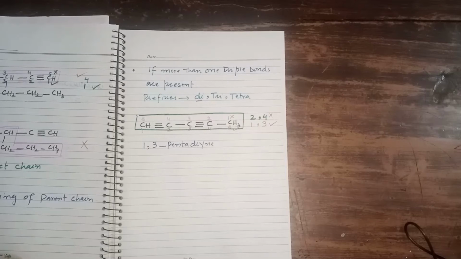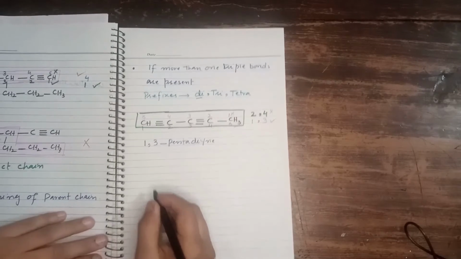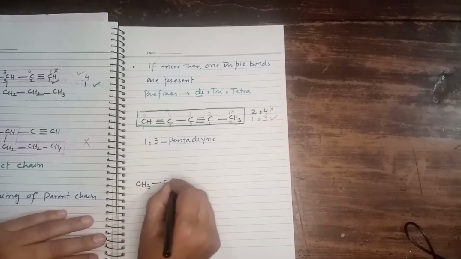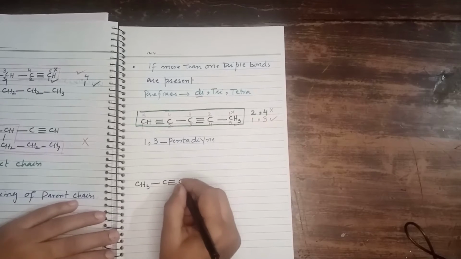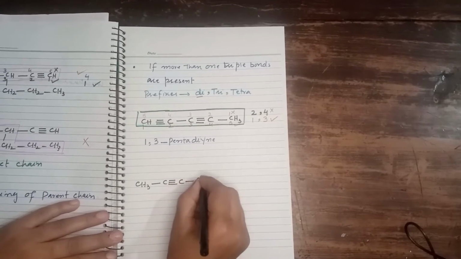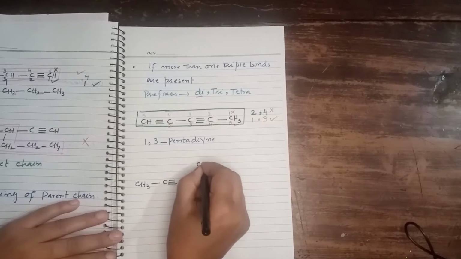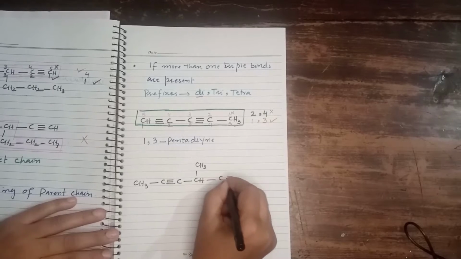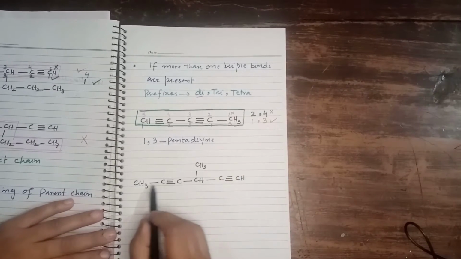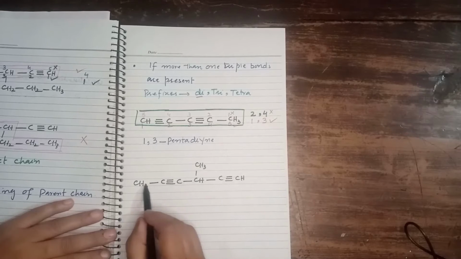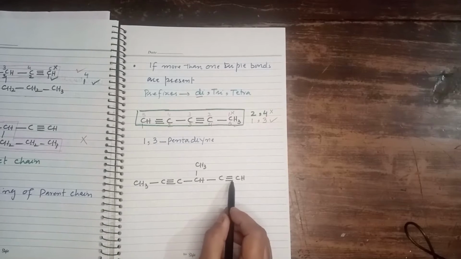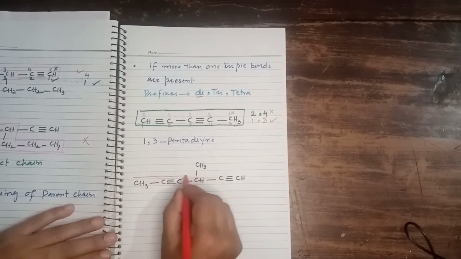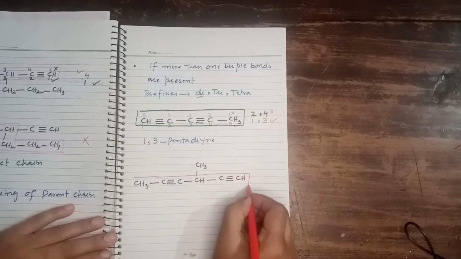Suppose we have a molecule like this, CH3, C triple bond C, CH, CH3, C triple bond CH. Dear students, obviously this straight chain is the parent chain, right? This is the parent chain. So enclose the parent chain in the box like this.